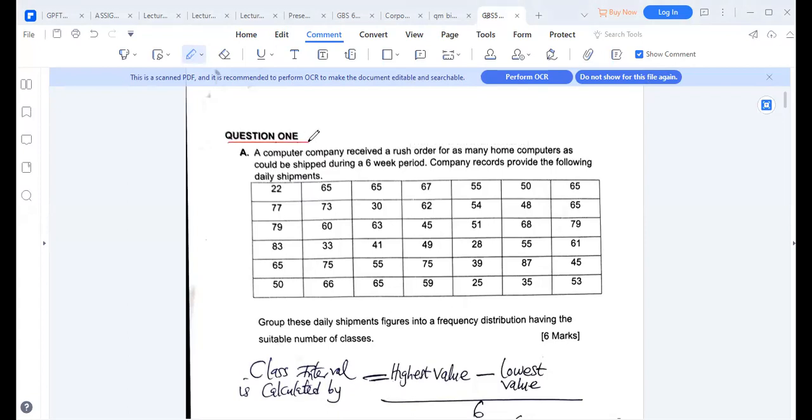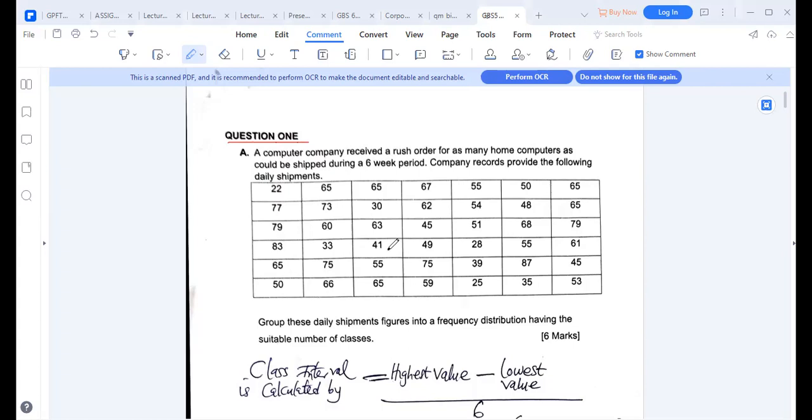where the first question says the computer company received a rush order for as many home computers as could be shipped during a 6-week period. Then the company records provide the daily shipments.